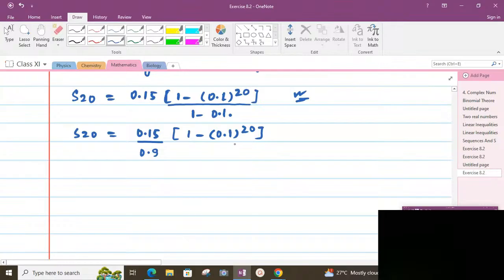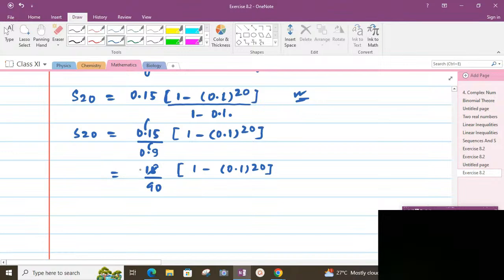So here will be 15 by 90. We cancelled out the decimal, and here will be 1 minus 0.1 to the power 20.